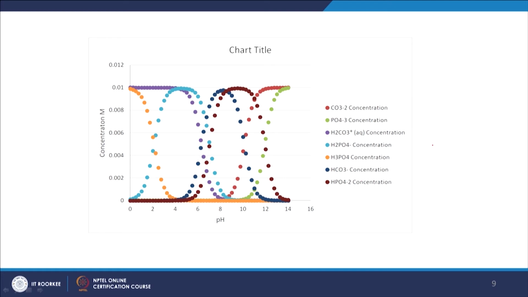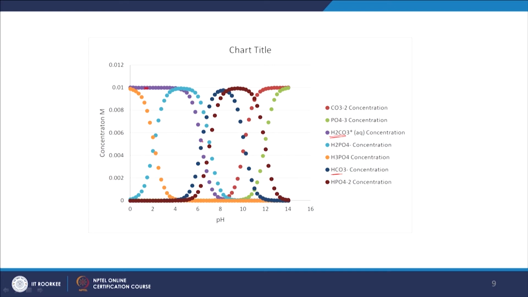So, let us try to understand the system here and look at the carbonate system first, H2CO3, and that is here, and you see that decreasing, and so obviously the pKa value is around 6.3, right. Then HCO3 minus, and where is that? That is around here, and you see that that is increasing while H2CO3 is decreasing, right.